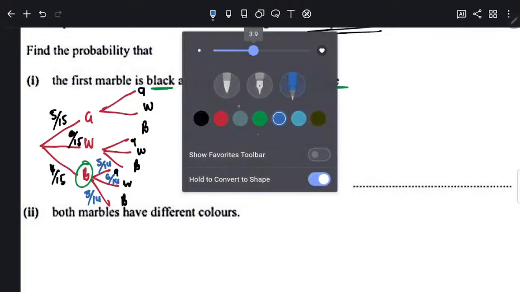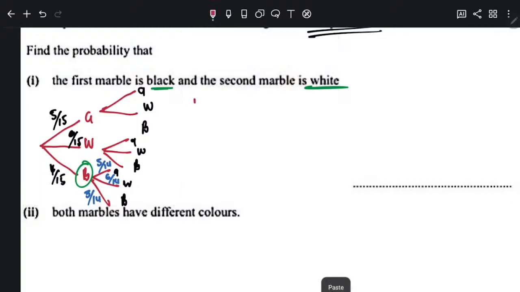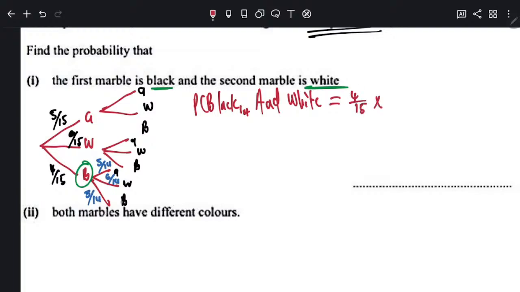So you're going to say the probability of black on the first and white on the second is going to be the probability of black, 4 over 15, times the probability of white in the second, which is 6 over 14.